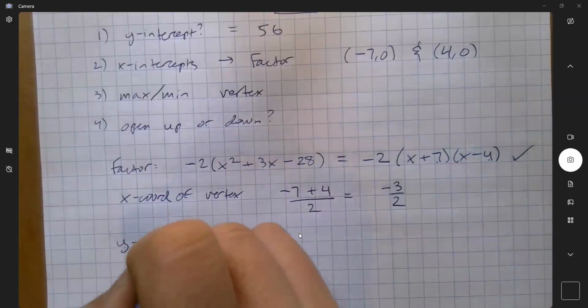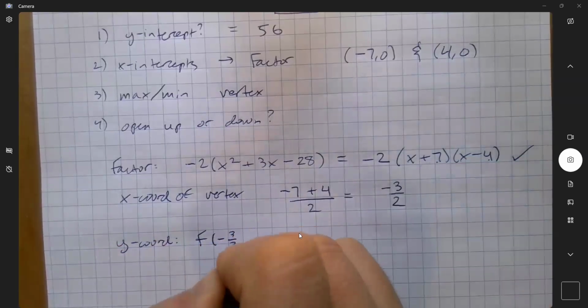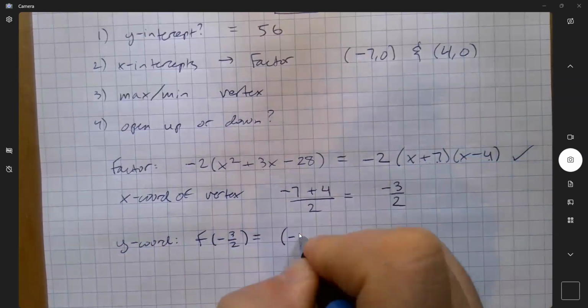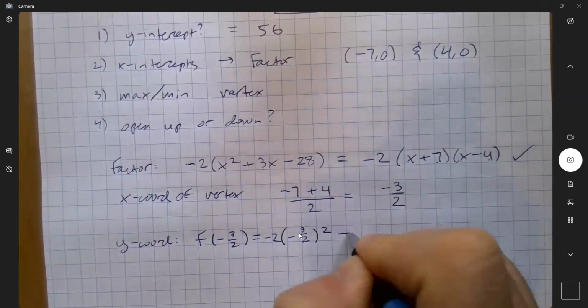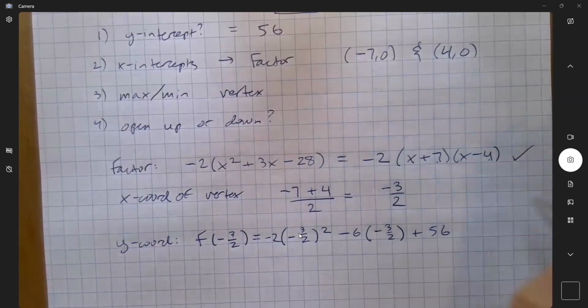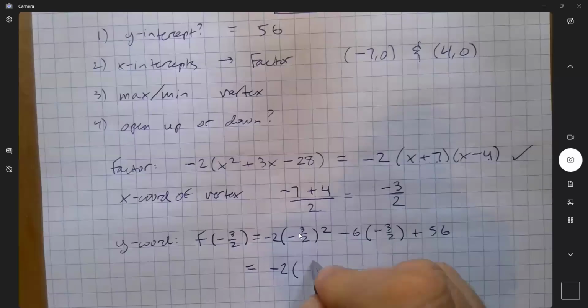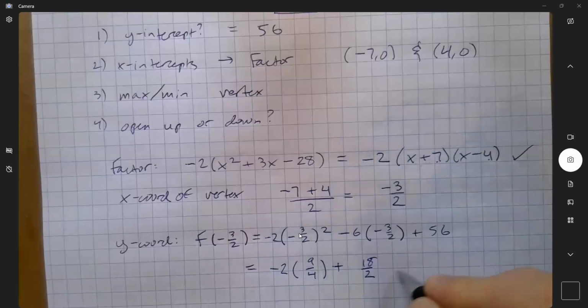And the y-coordinate, I just take that -3/2 and I put it into my function. So -2 times -3/2 quantity squared minus 6 times -3/2 plus 56. Don't always want to do this arithmetic, but once in a while it's okay. That's going to be -2 times 9/4 plus 18/2 plus 56.